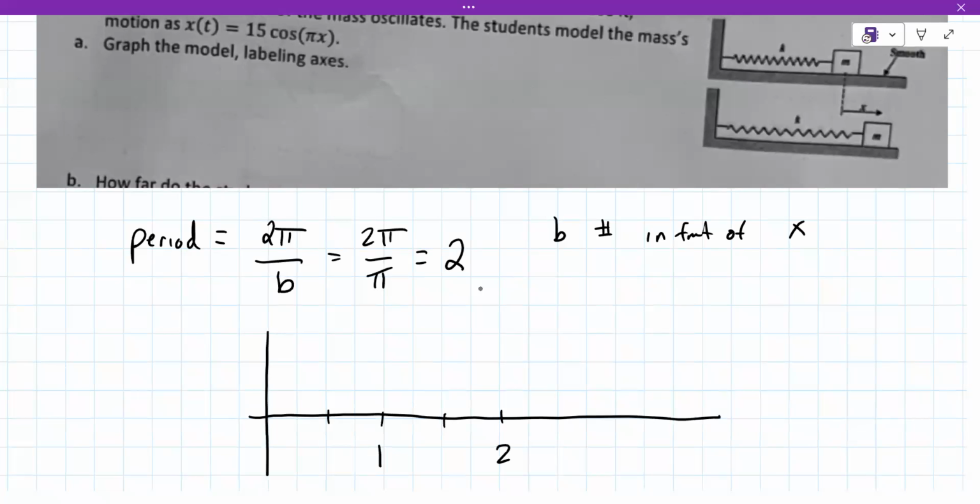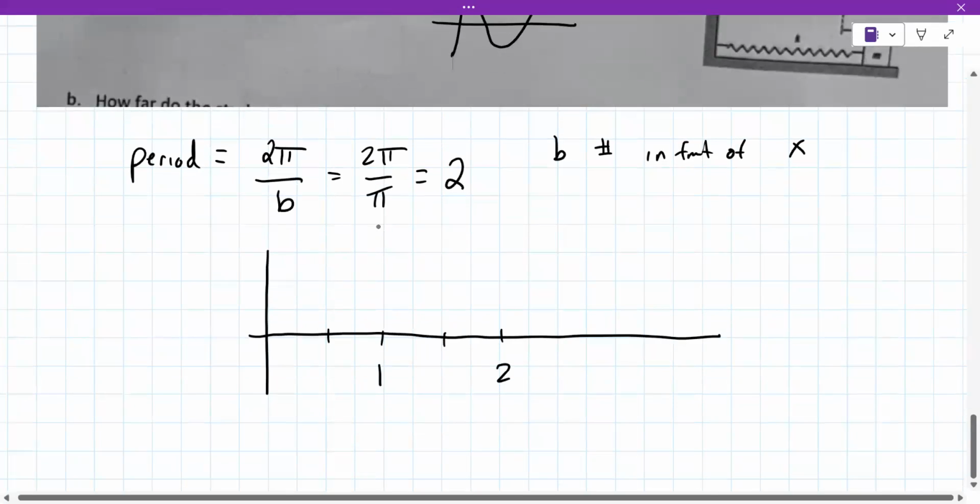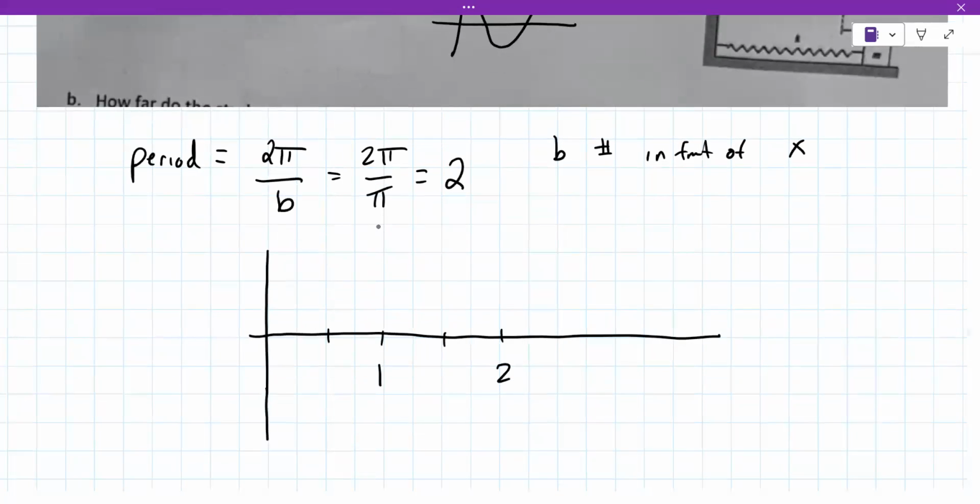Then what I like to do is first just graph a cosine. If you remember what a cosine looks like, it starts high, goes low, and comes back high. Do you remember that? Yeah. And so there are 5 critical points. It starts up here, goes down, comes back up.